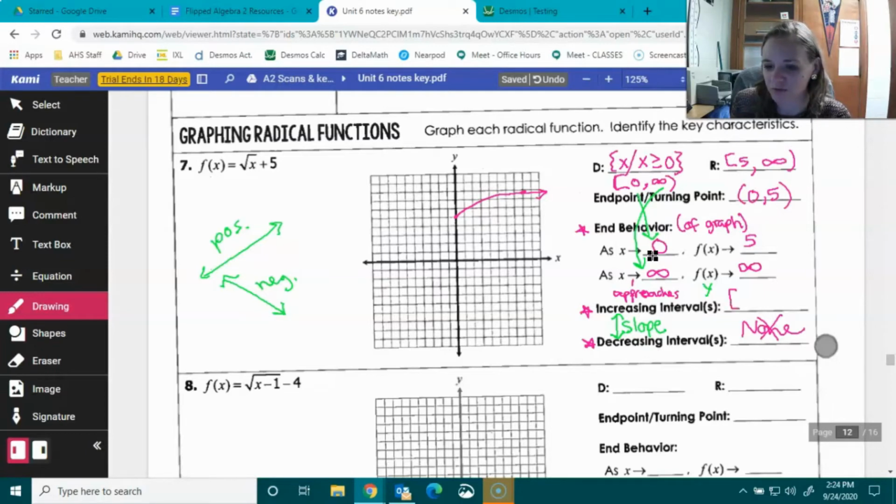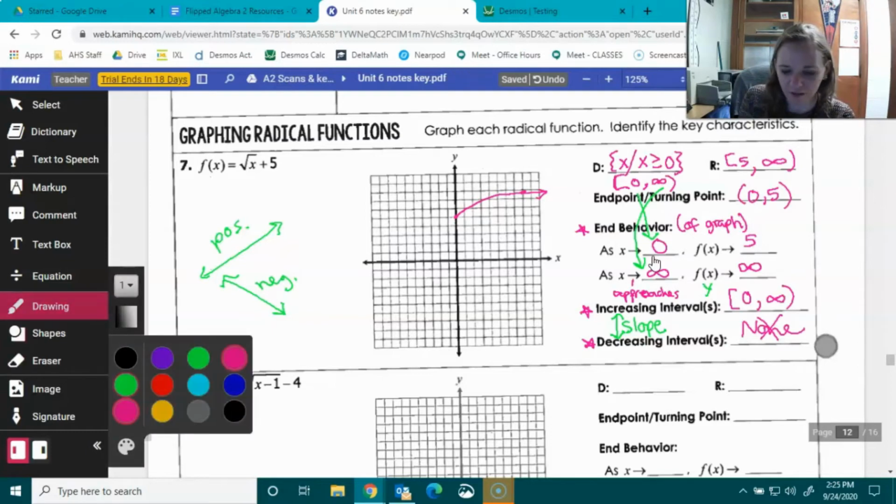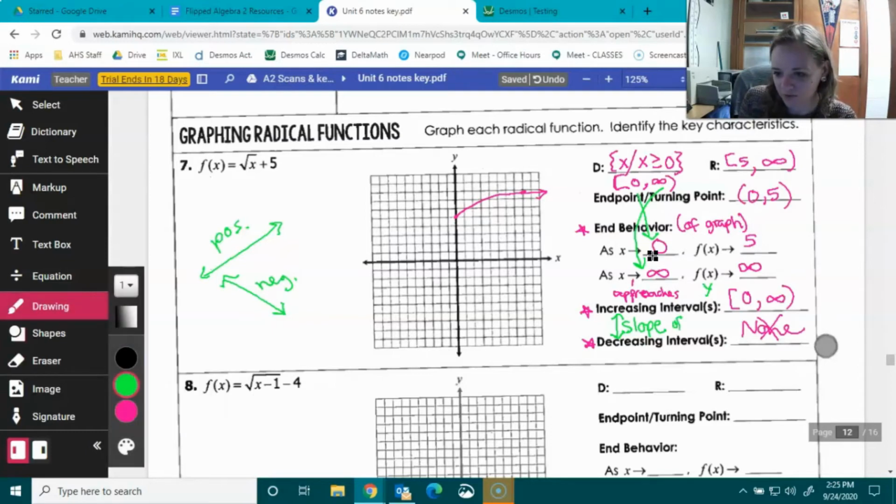What x values? From 0 to positive infinity. All right, and let me add that on there, it would be helpful. Slope of x's. So we're just saying what the slope of the x's is. A lot of times, like in this case, it happens to be the same as the domain. And because the domain is the x's, it makes sense.